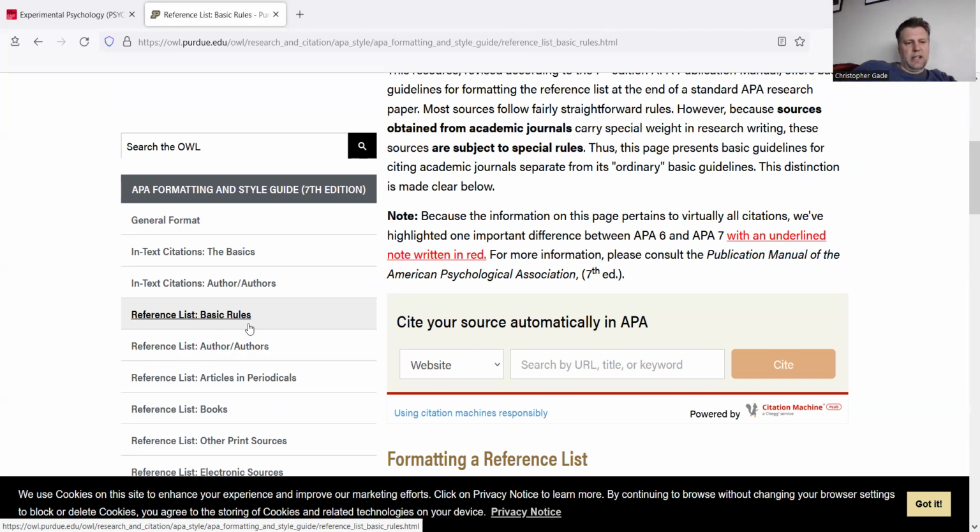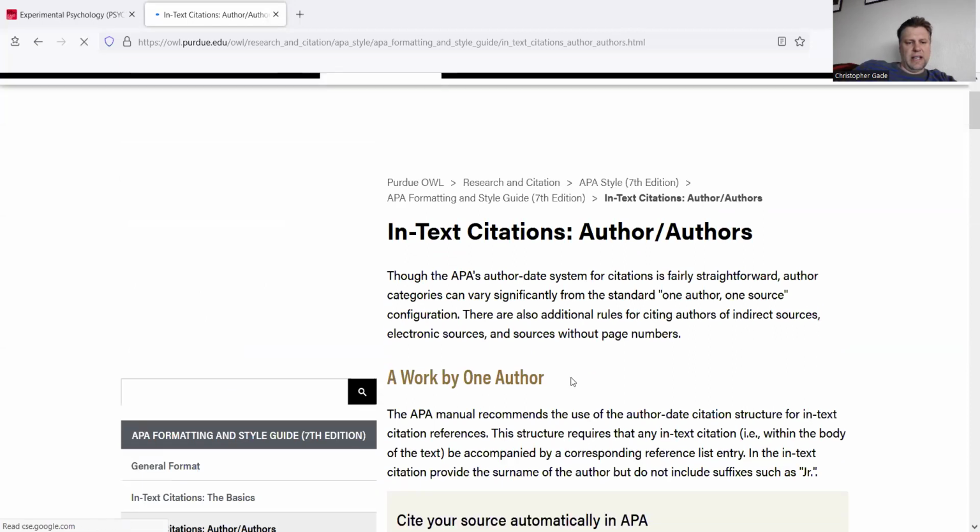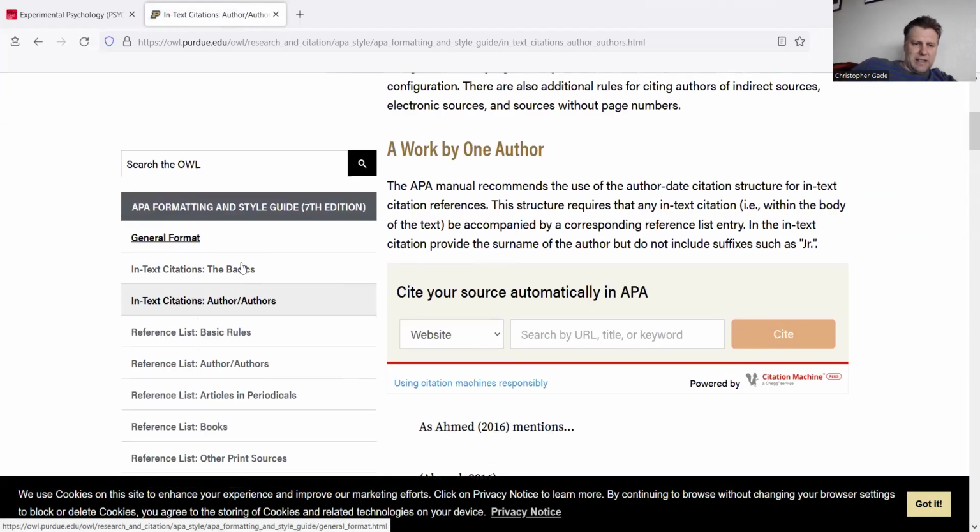This is the kind of in-text citations. Oops, sorry, the in-text citations link. So in-text citation basics, in-text citations authors link is the one that's going to get into the specifics as to what you include when you are either quoting or referencing an idea or talking about a person's general work.